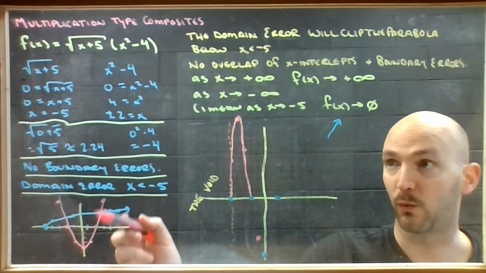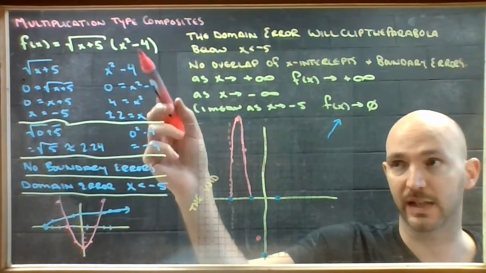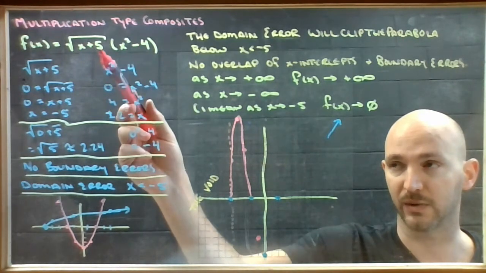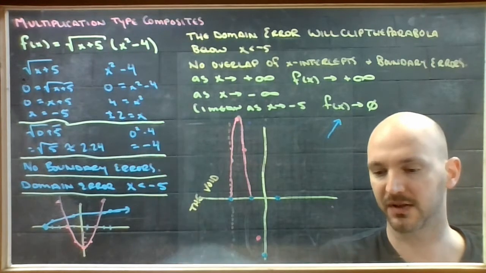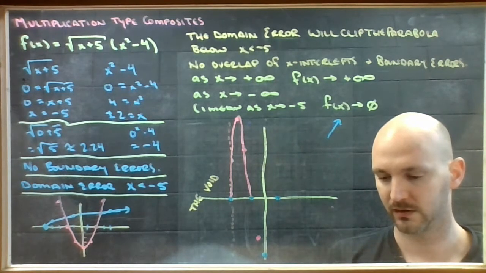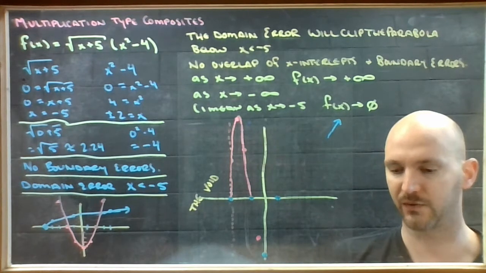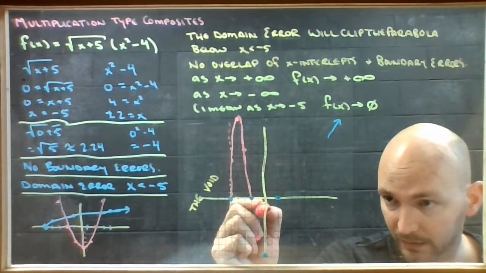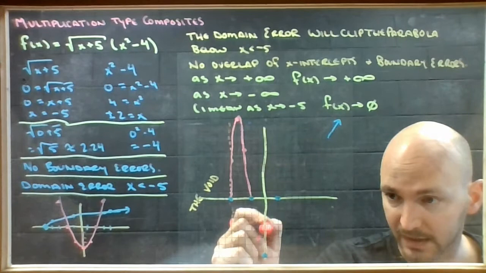Next spot over at 1. 1 squared minus 4, that's worth -3. 1 plus 5 is 6. So the square root of 6. -3 times the square root of 6 is -7.34. So 7 and a bit below.